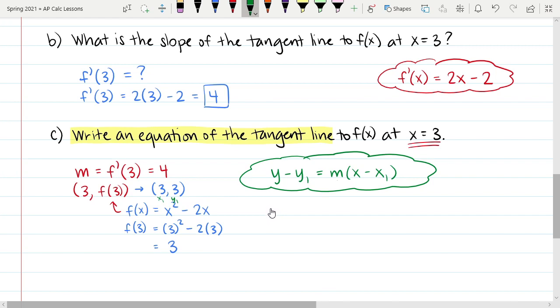So I can now substitute. I have y minus 3 equals our slope, which is 4, times x minus our x1, which is also 3. And this is our equation of our tangent line. We do not need to put this in slope-intercept form, so this is actually our answer right here.